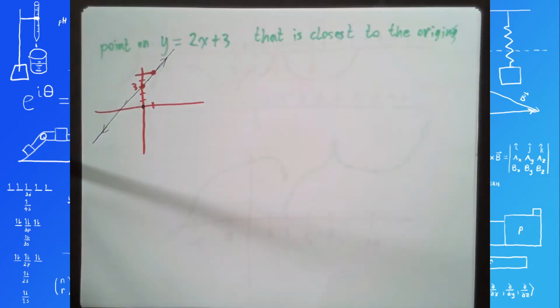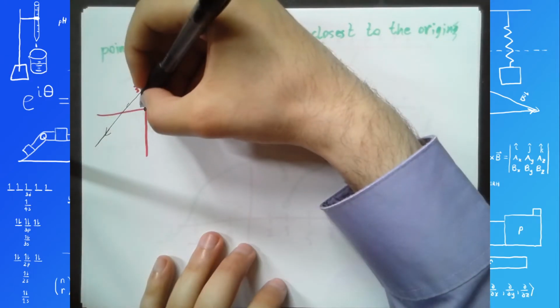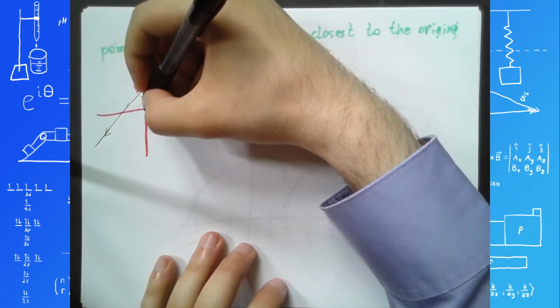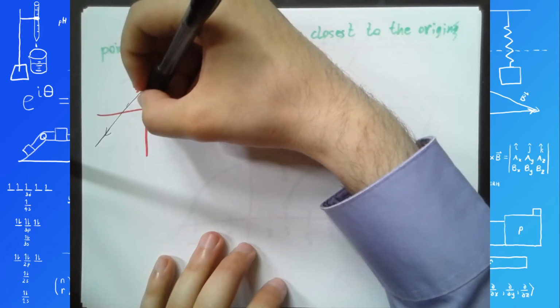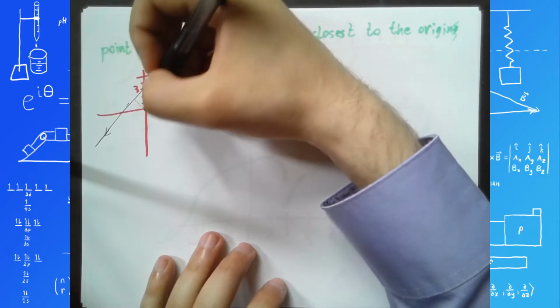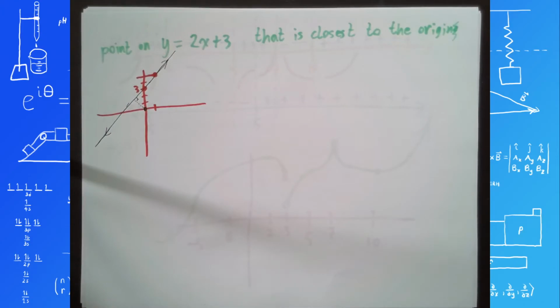So, the closest point, if you know your geometry, is going to be the point that makes a line perpendicular to 2x plus 3 and through the origin. So this would give us our shortest distance right here. However, even if you didn't know that, this problem is still solvable.